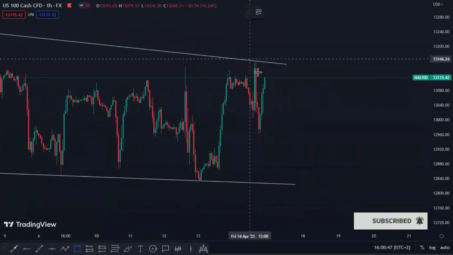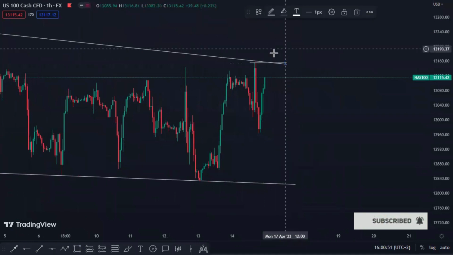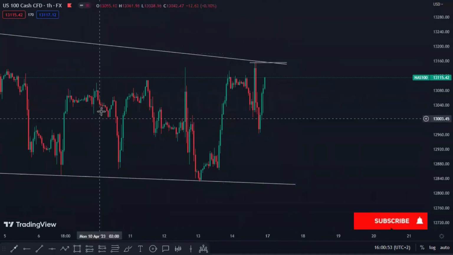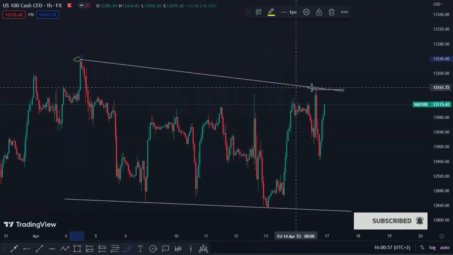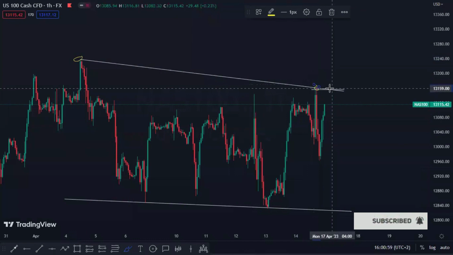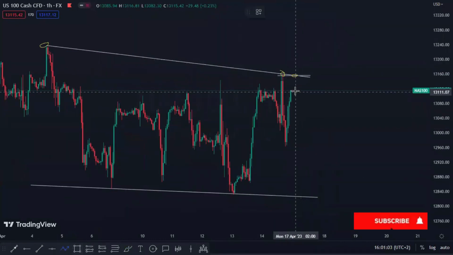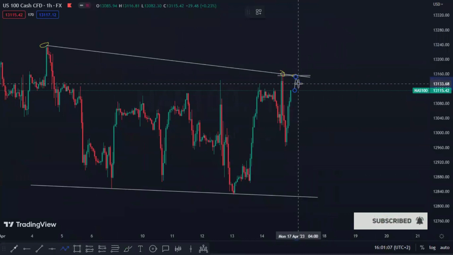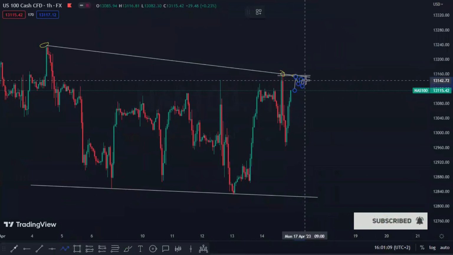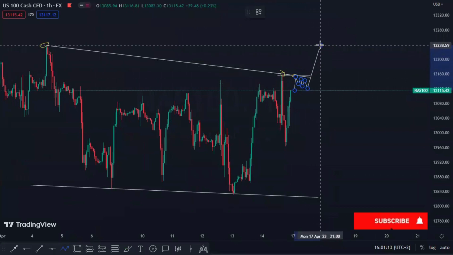Here we have some sort of resistance, with price giving us a first touch here, a second touch here, and a third touch. Price can impulse to the upside, reach here and start giving us that continuation pattern before we can actually enter our trades.